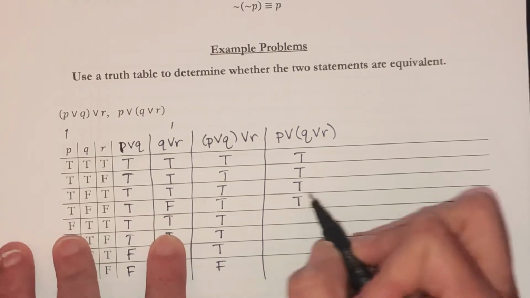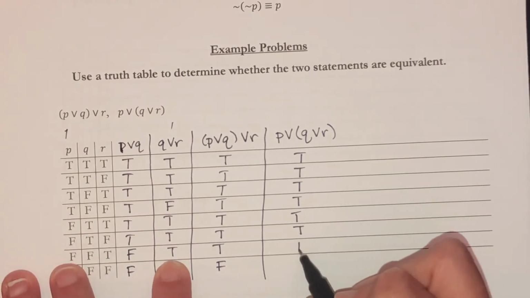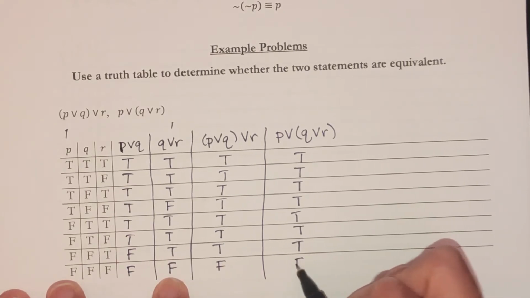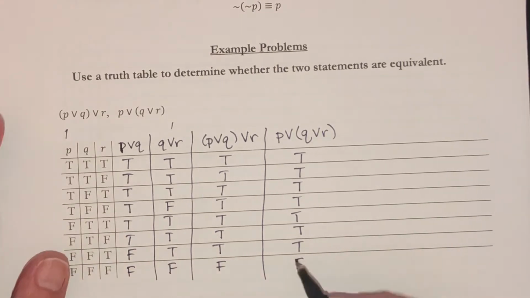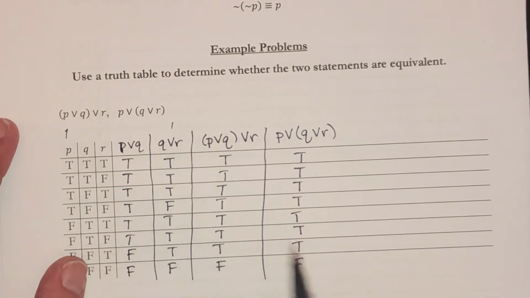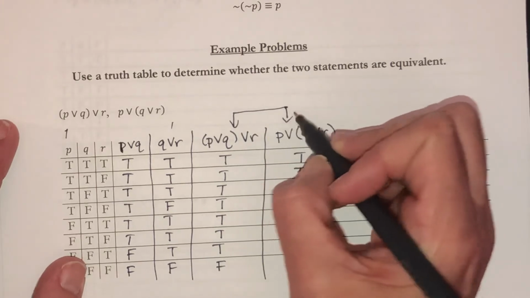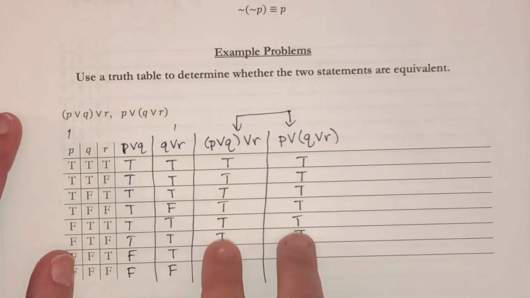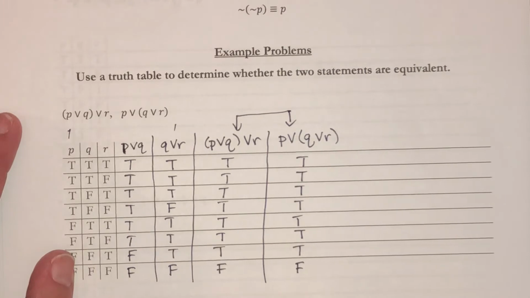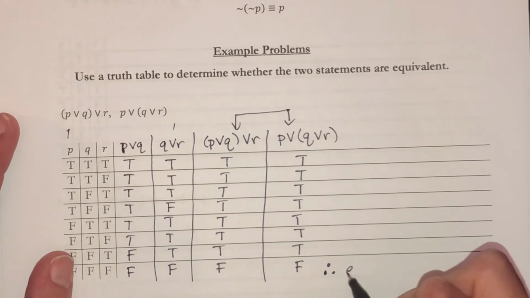At least 1 true, at least 1, at least 1, at least 1, and then the last one is false because they're both false. Now what we're asked to decide is whether these 2 statements are equivalent. So I'm looking at these 2, and if you compare them line by line by line and go all the way down, they are exactly the same. So therefore, these are equivalent.